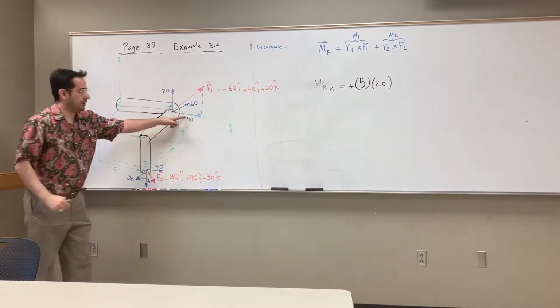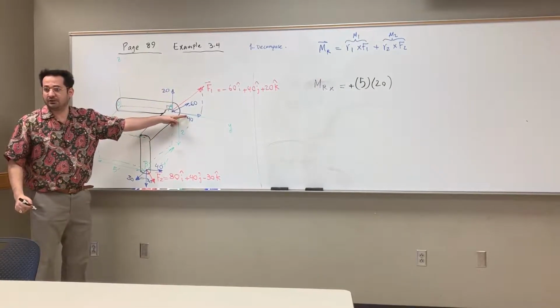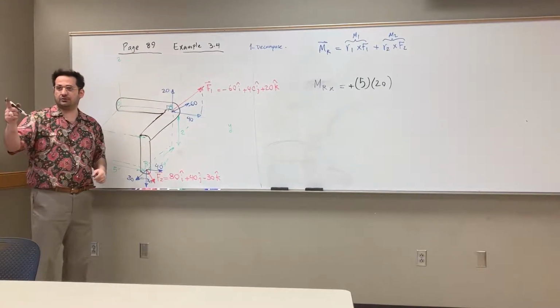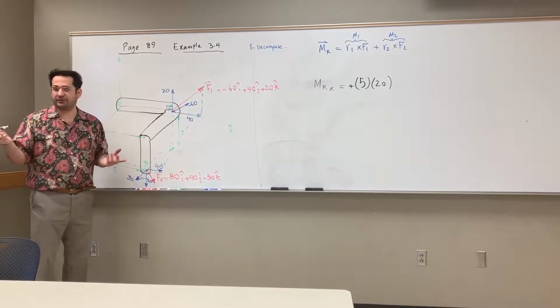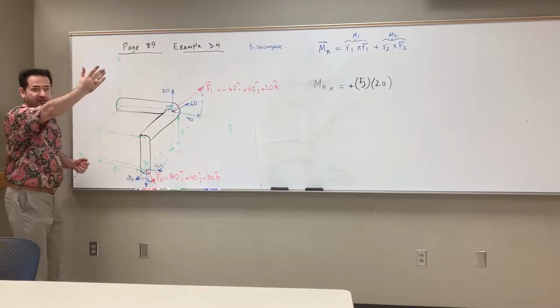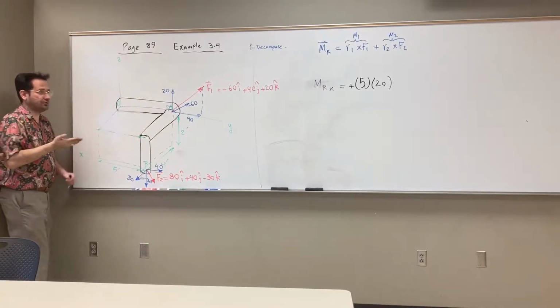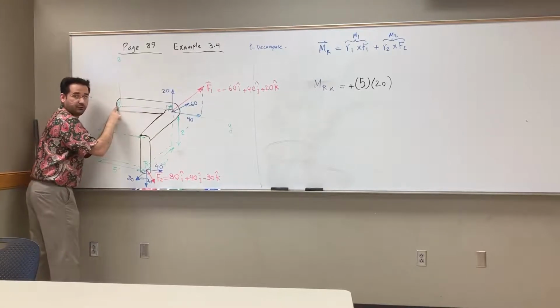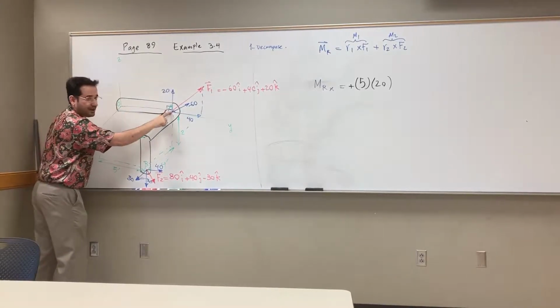Now let's go to this guy, 40. I think you may have a question, why is it positive? Well, take your right hand. Your fingers go through the arm, which is the position vector from the reference point to the point the force is acting on.